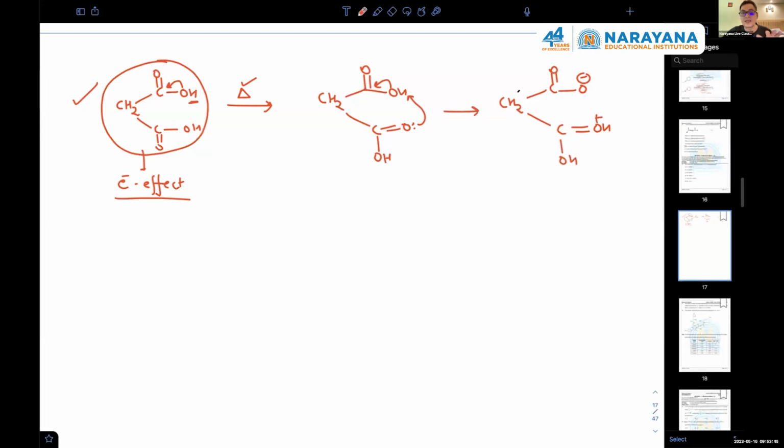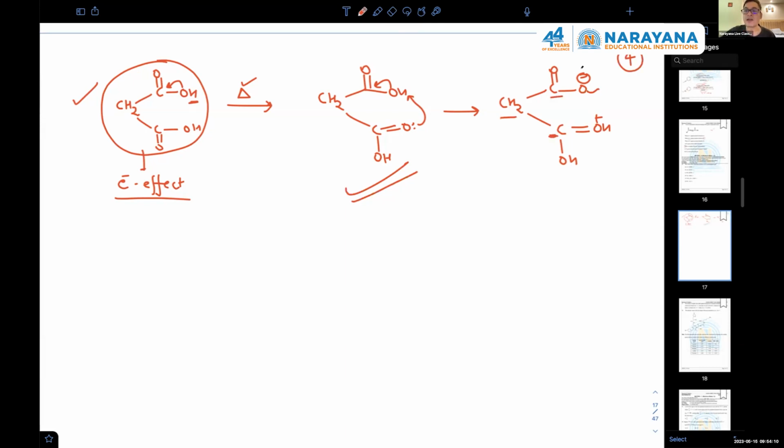I'm breaking the reaction into parts. Now check: this O minus acts as a nucleophile as well as a base. If it acts as a base, that doesn't make any sense, you go back to the reactant. If it acts as a nucleophile, 1, 2, 3, 4, this is the electrophilic site, but you can't attack it because a 4-member ring is unstable.